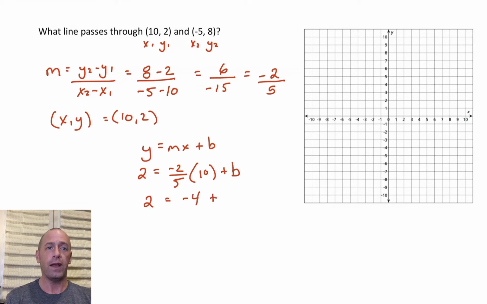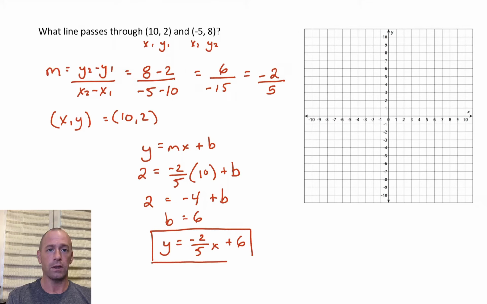Negative 2/5 of 10 is negative 4. We add 4 to both sides to get 6. And we've answered the question. Y will equal negative 2/5 of x plus 6. This is the equation that relates all of the x and y's on our line.